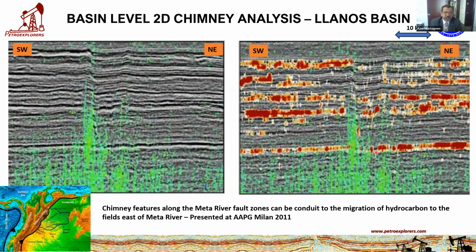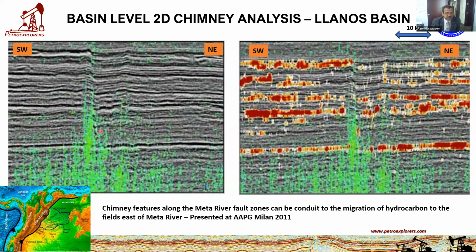So coming to the Llanos Basin, there was one study we did a while ago on how the migration differs to the east of the Meta Fault versus the west of the Meta Fault. I call it the Meta Fault because along the Meta River you have the fault system, or actually a stratigraphic change, from deeper zones with the porosity, Gachita or Mirador and those, being finished there.